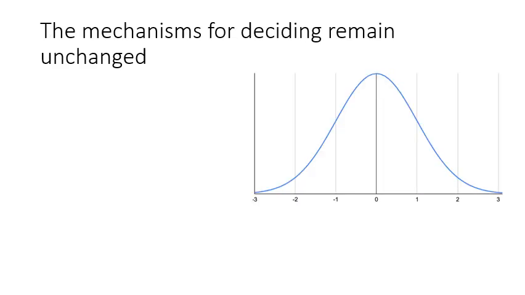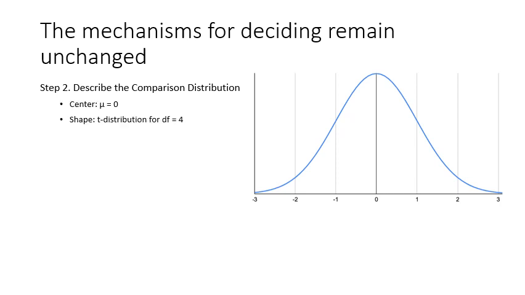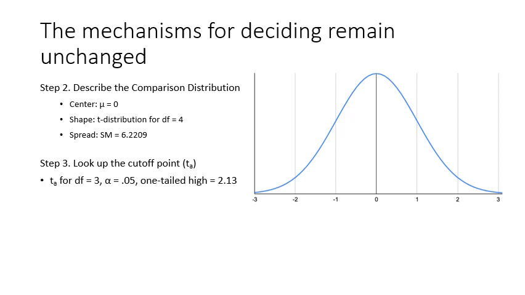And so we described the comparison distribution. This is what we calculated. We moved on to step 3, looking up the cutoff point, and we discovered that the cutoff point in this case, the t-score for alpha, right here, using degrees of freedom equals 3, except I think that is a 4 in our sample.